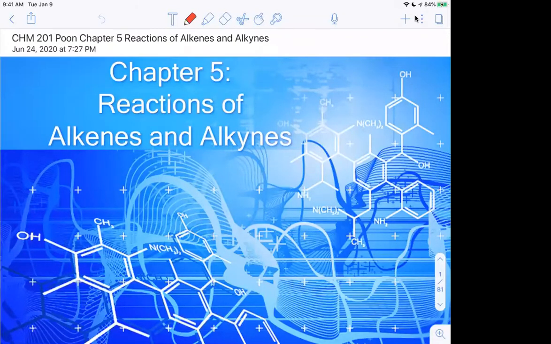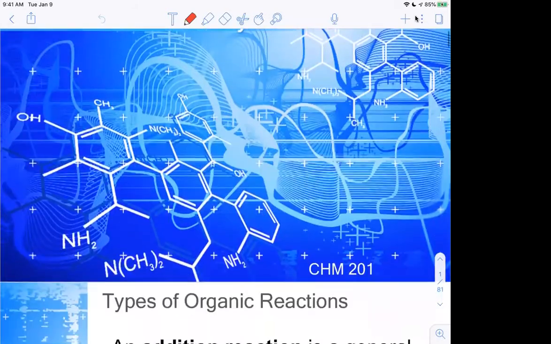We've looked at acid-base reactions, and those are really important. Hopefully you guys did that activity in the last chapter, which allowed you to predict the products of various acid-base reactions. And now we're going to extend our knowledge and we're going to look at the functional group of a double bond and a triple bond and see what types of reactions those functionalities actually undergo.